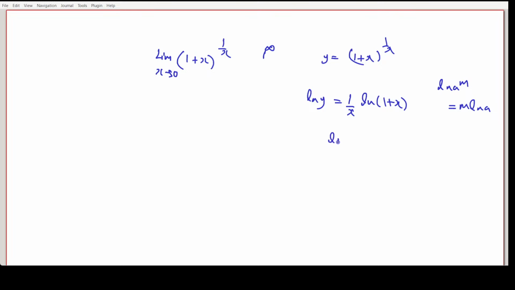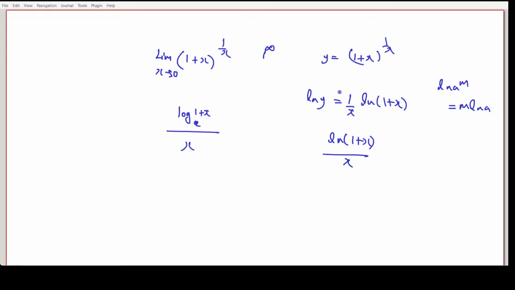Which is nothing but ln (1 plus x) by x. Here 1 by x is not a part of the logarithm, only 1 plus x is. So this means log (1 plus x) to the base e, whole divided by x.